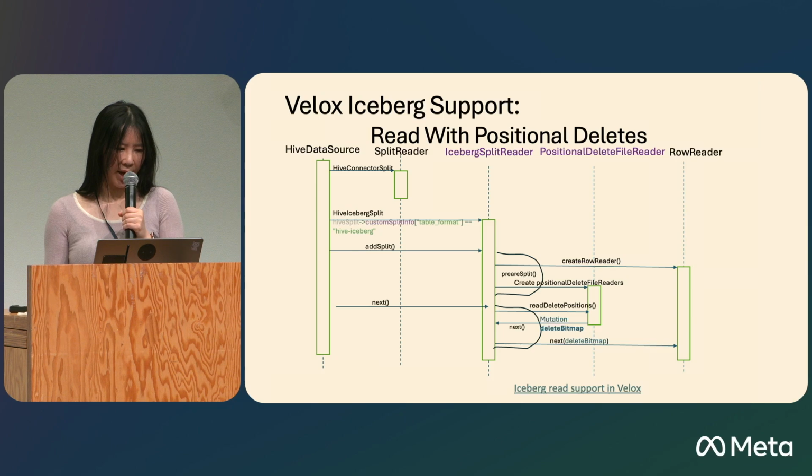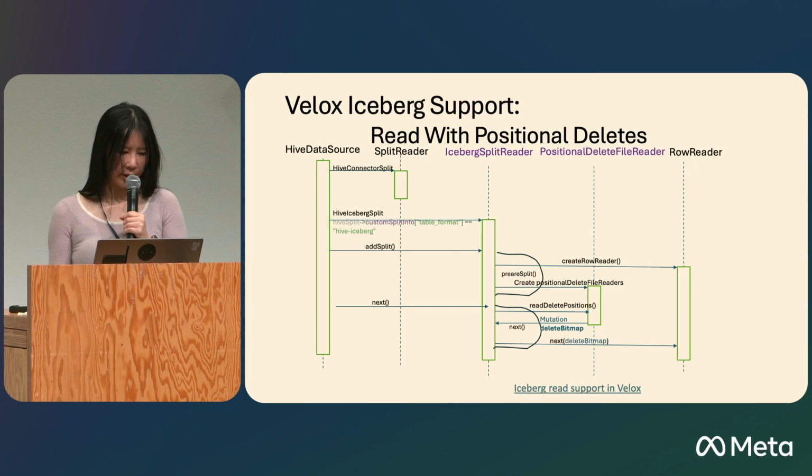The Iceberg-specific operations are done in the Iceberg split reader and positional delete file reader. When you add a split to the Iceberg split reader, it creates the row reader for the base file, and also creates positional delete file readers if there are any positional delete files.